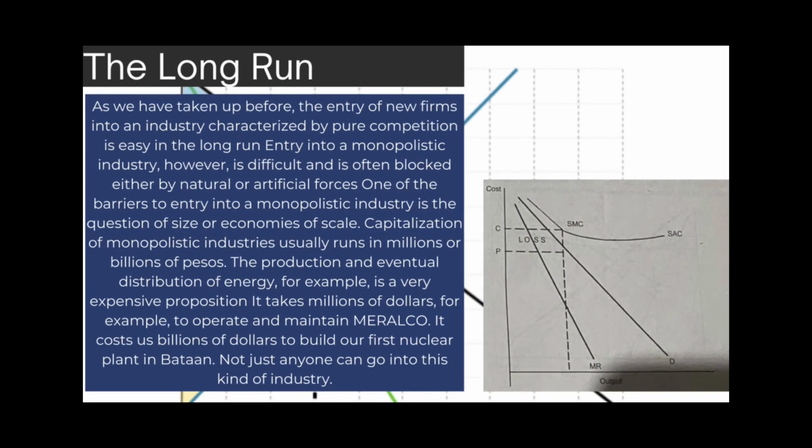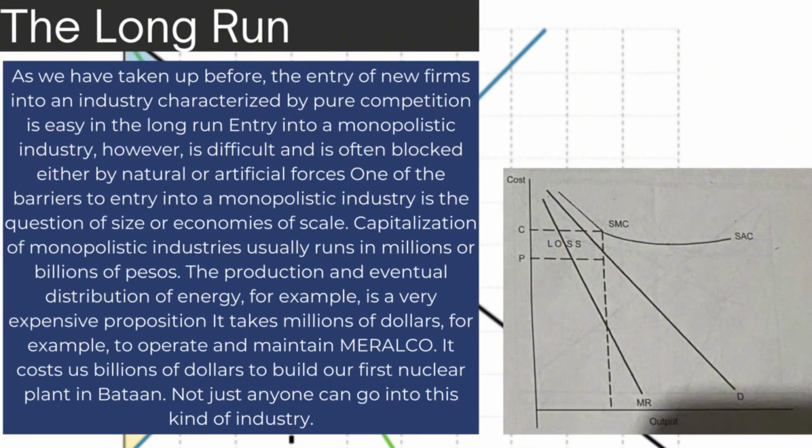In the long run, as we have taken up before, the entry of new firms into an industry characterized by pure competition is easy. Entry into a monopolistic industry, however, is difficult and is often blocked either by natural or artificial forces. One of the barriers to entry into a monopolistic industry is the question of size or economies of scale.